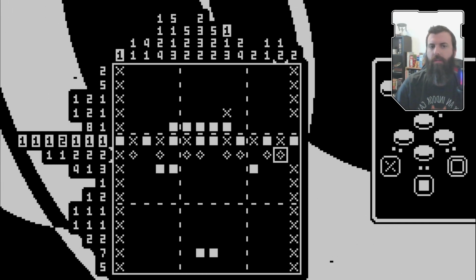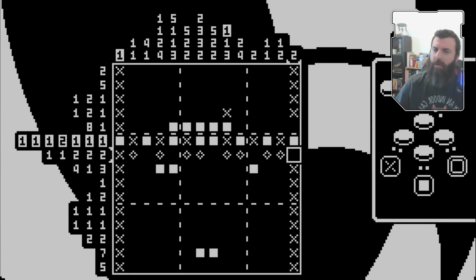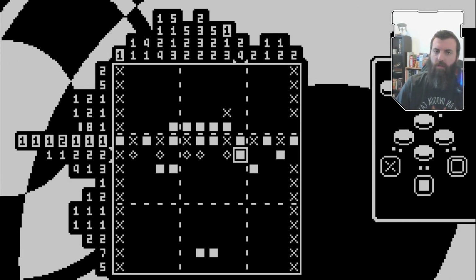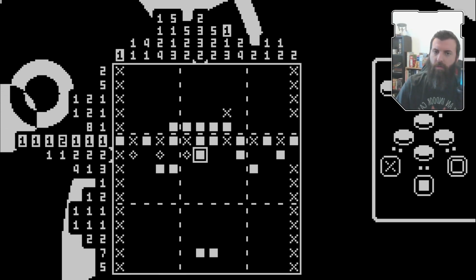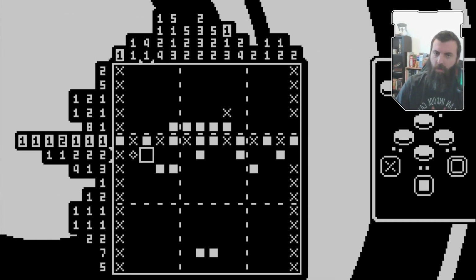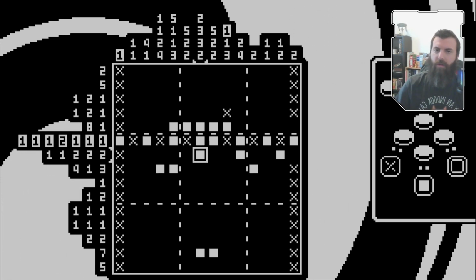Alright, that's not quite as much as I'd like, but it's still something. As we've got 1 pixel of wiggle room, so 1, 2 space 2 space 1, 2 space 1 space. We get some pixels of certainty there.